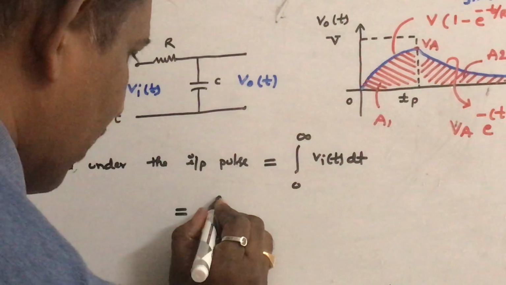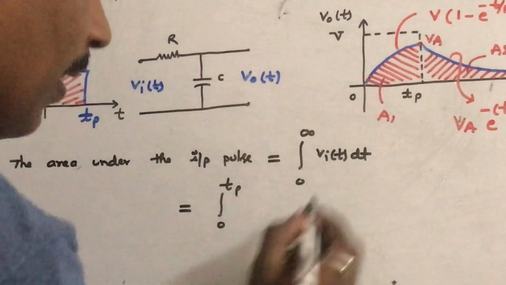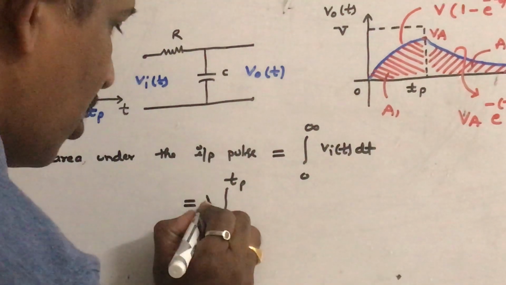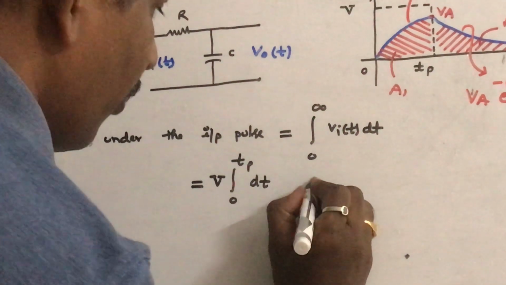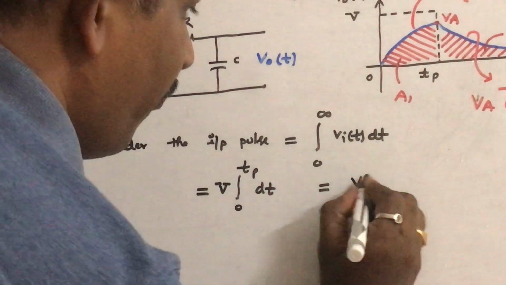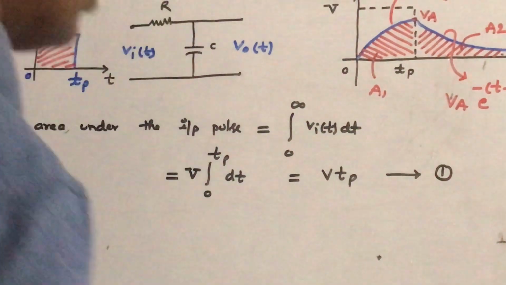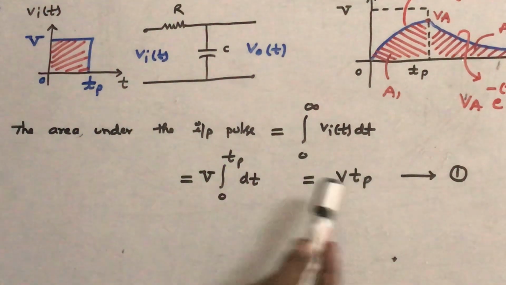But this Vi of t extends only from 0 to Tp, because the input is available during the interval 0 to Tp with amplitude V. V is constant, so you can take it outside the integral. If you calculate, the answer will be V into Tp. Say this is equation 1. The area under the input pulse is V into Tp.